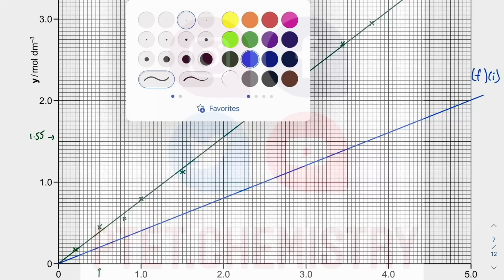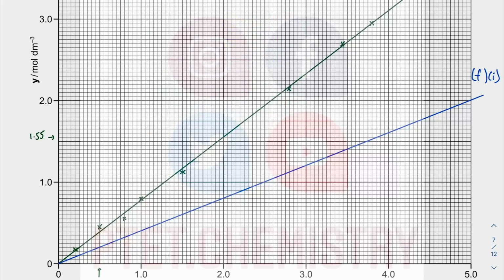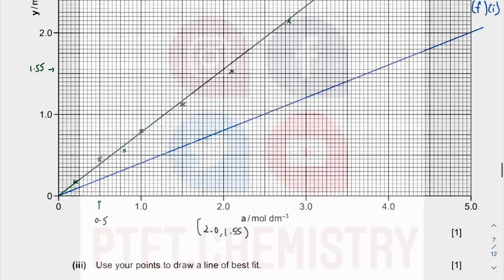So that should have been 2.1. Where's 2.1? 1.5 is there. 1.53 is roughly there. Or maybe I was right. I don't know, but that's still pretty close.